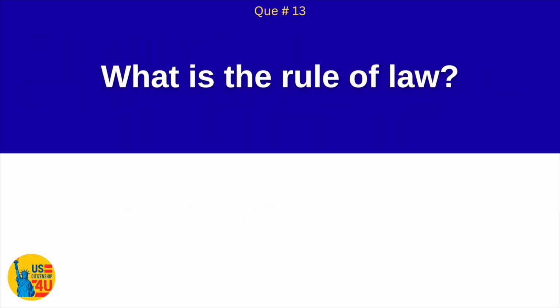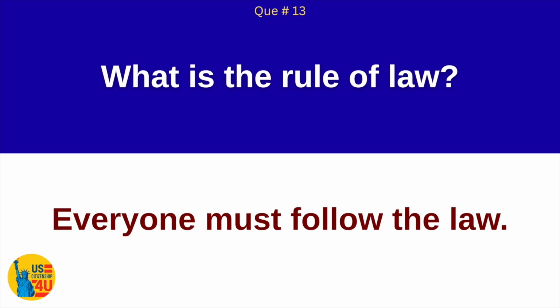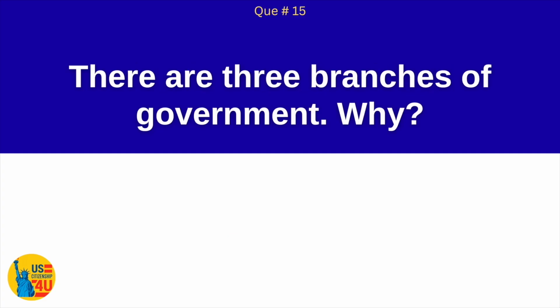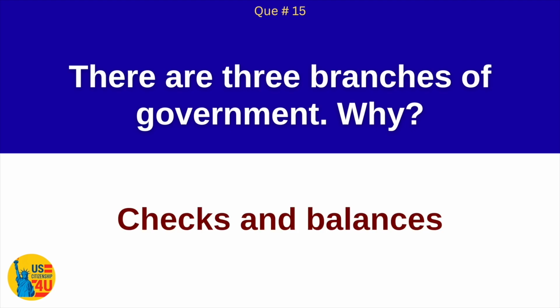What is the rule of law? Everyone must follow the law. There are 3 branches of government. Why? Checks and balances.